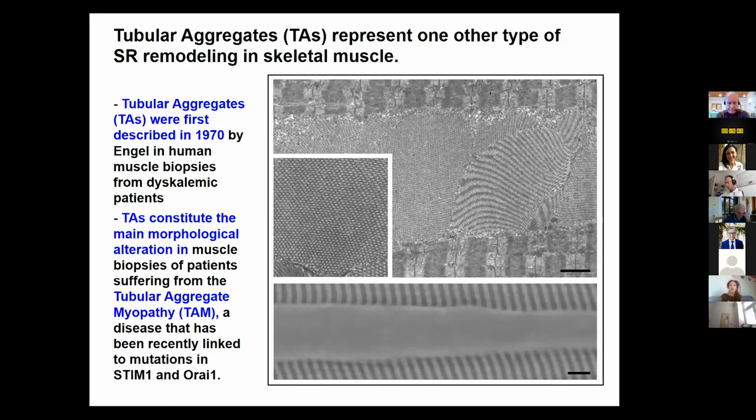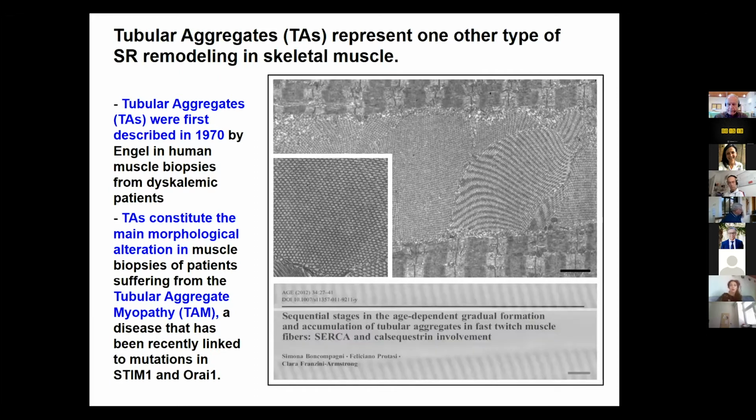In humans, tubular aggregates are found also in other muscle disorders, and they constitute the main morphological alteration in patients suffering from tubular aggregate myopathy, a disease that, likely thanks to our work, has been recently linked to mutations in STIM1 and Orai1.